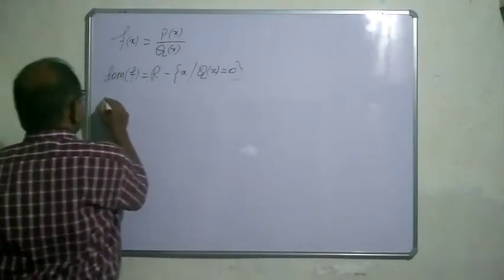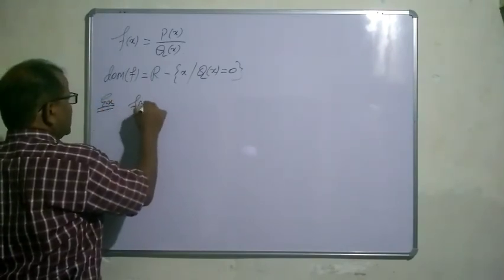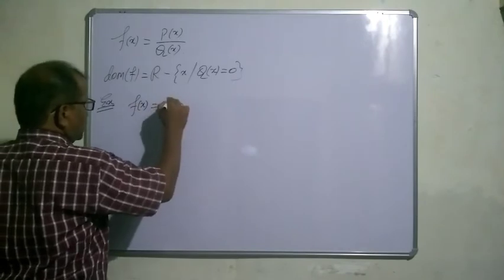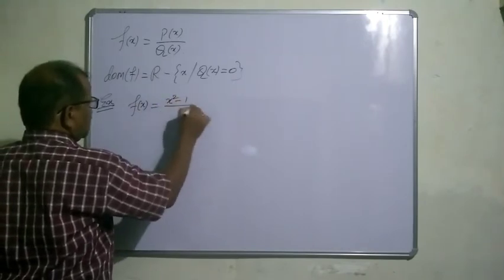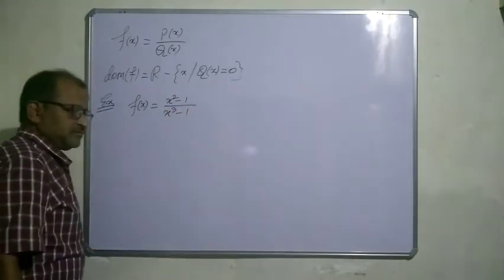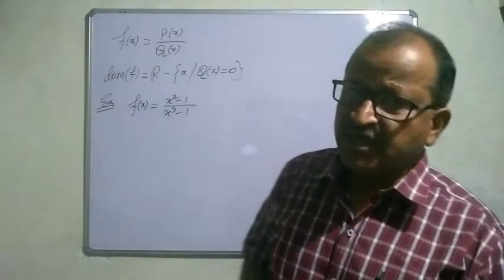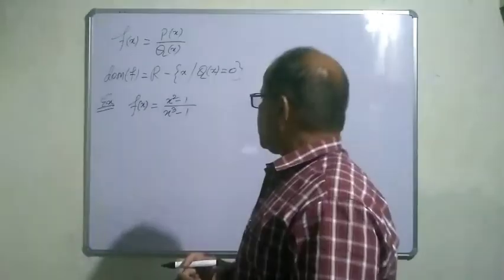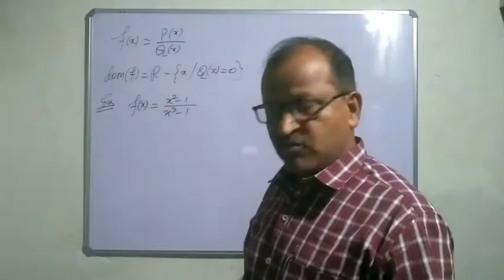If we take an example of a rational function, suppose f(x) is equal to (x square minus 1) by (x cube minus 1). Yes, x square minus 1 is a polynomial function. x cube minus 1 is also a polynomial function.